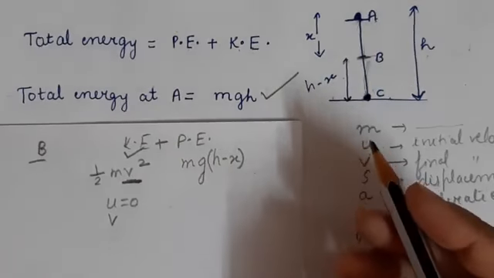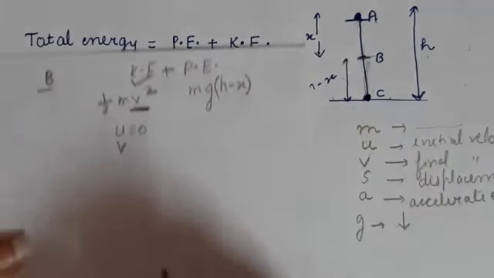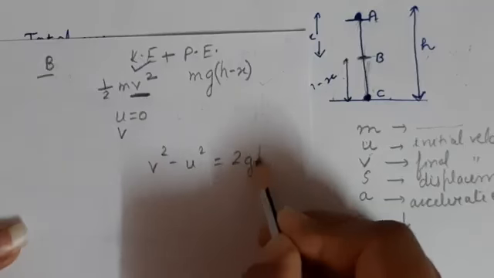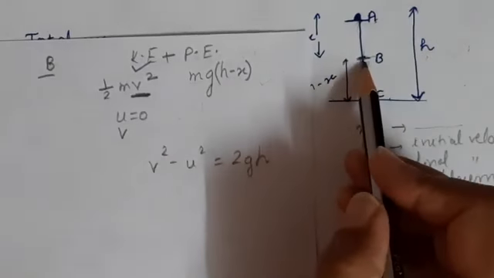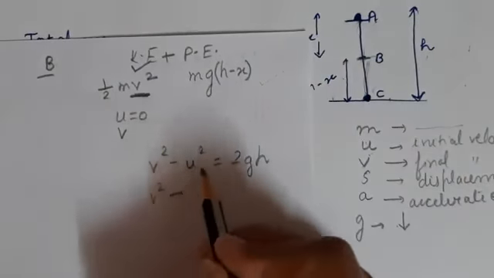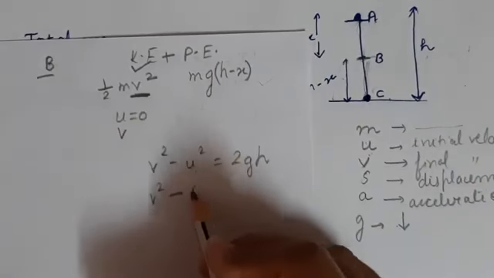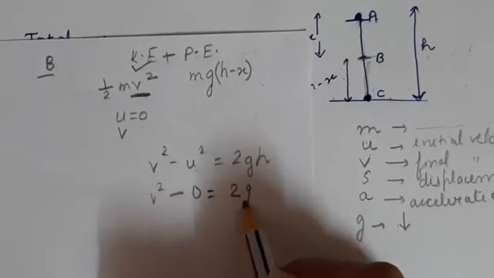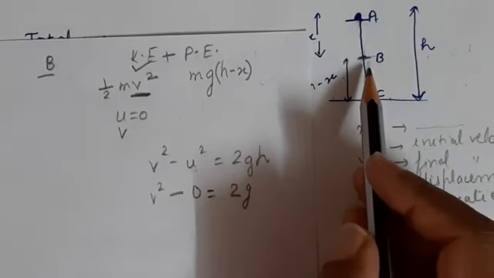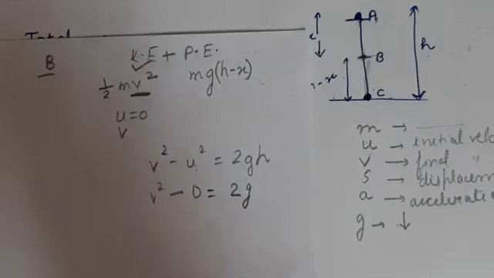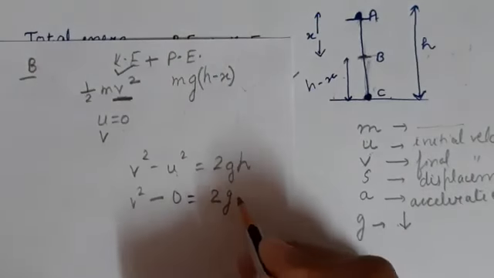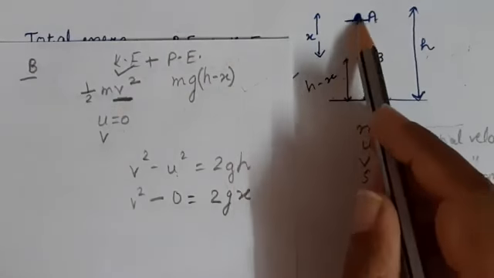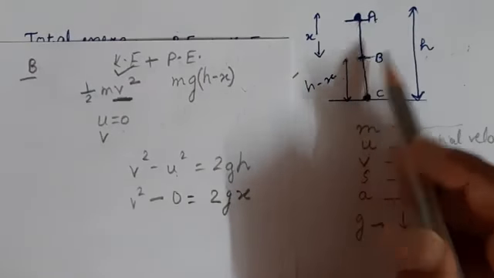So apply the third equation of motion. v square minus u square is 2gh. What is v? v is the final velocity at point B. What is u? u is 0. Acceleration is g here. And what is height? At point B, it will be x, because at point B, the displacement is x.